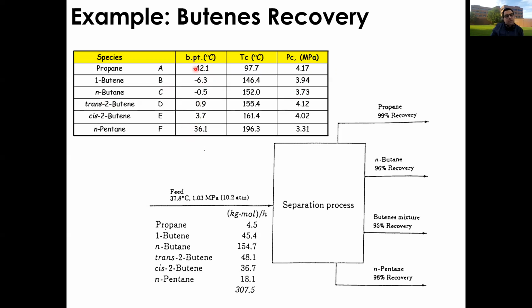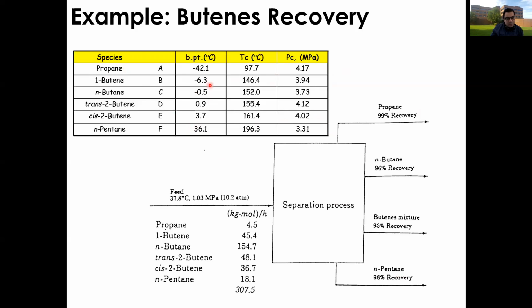So looking at the boiling points gives me a better idea about the feasibility of this. If I want to recover propane, I can probably recover it from the rest easily. If I just have a distillation at a temperature somewhere between these two, I should easily get the propane out. Similarly for the pentane, if I have a distillation step somewhere between these two temperatures, I should get the pentane out relatively easily.